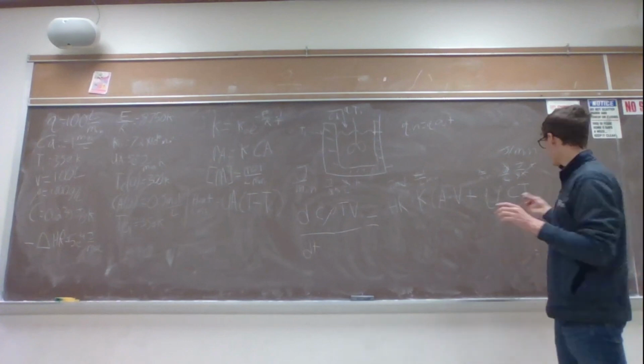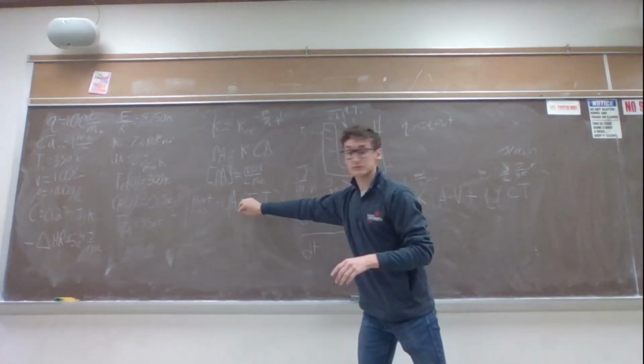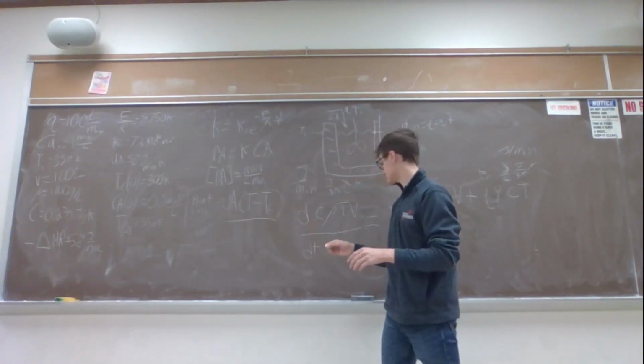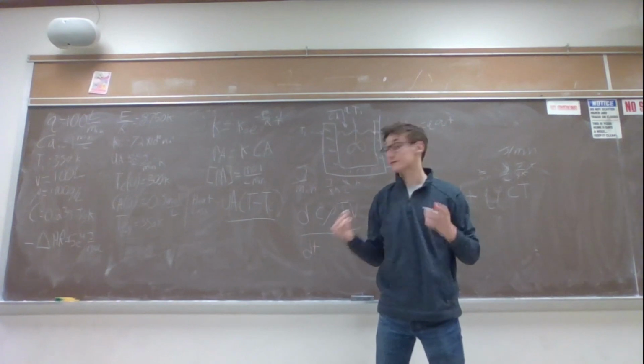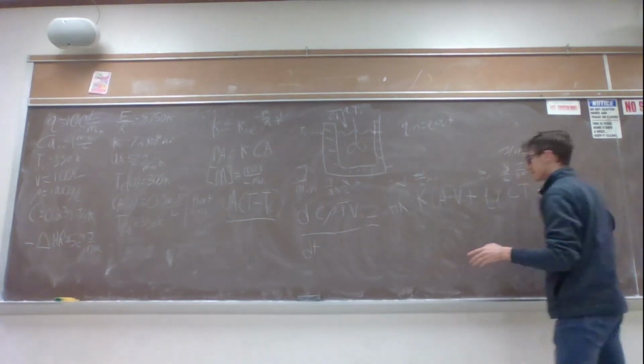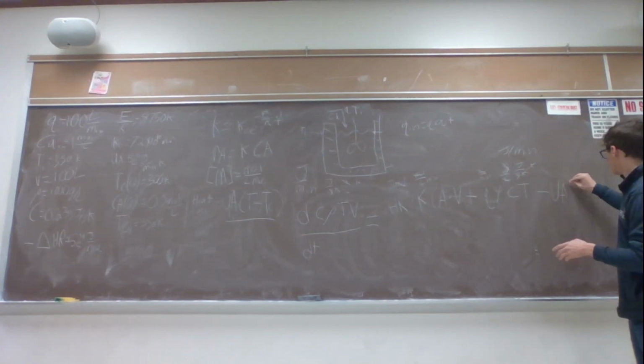One thing we can do is subtract everything by UA times T minus TC, as that's what's going to be taking energy from the system. So minus UA, then T minus TC.